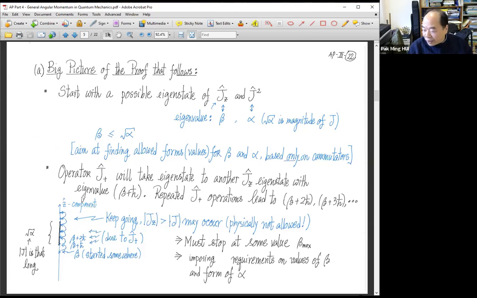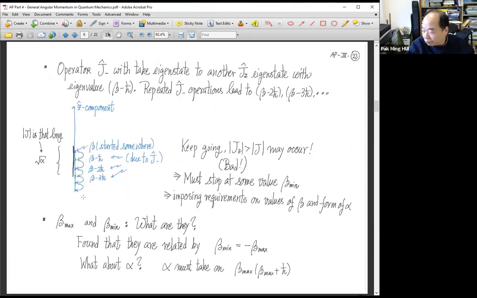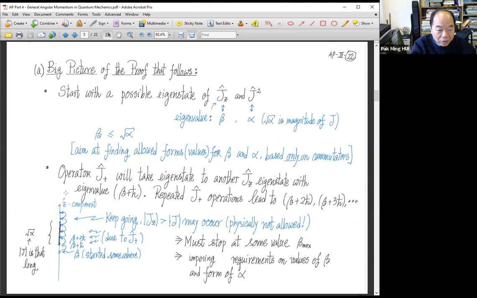So with this idea, you can think about the following. There will be some restriction on the value of beta.